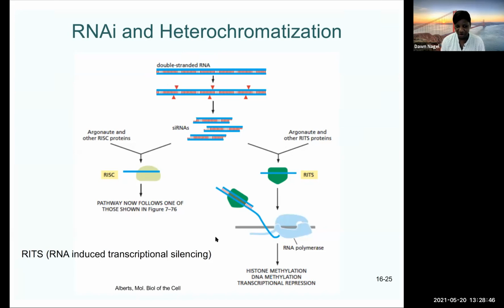So this RITS now targets this mRNA. And when it targets this mRNA, it's able to recruit histone methylases. It's able to recruit histone modifying enzymes that will recruit chromatin remodeling complexes that are involved in gene silencing, right?